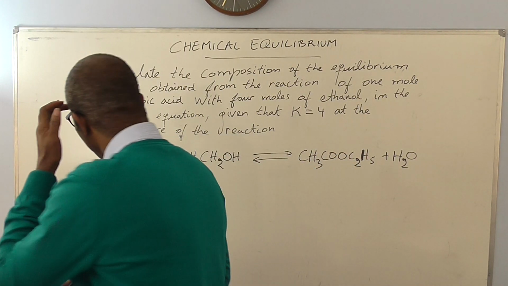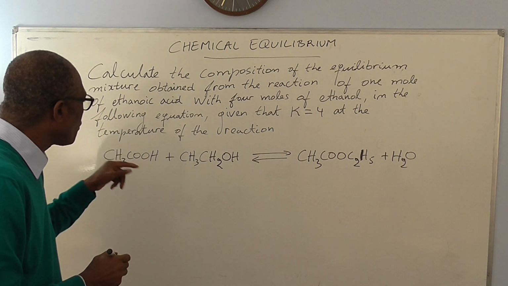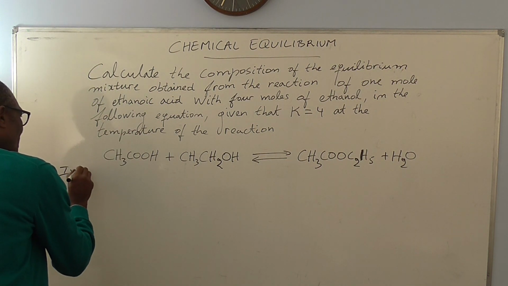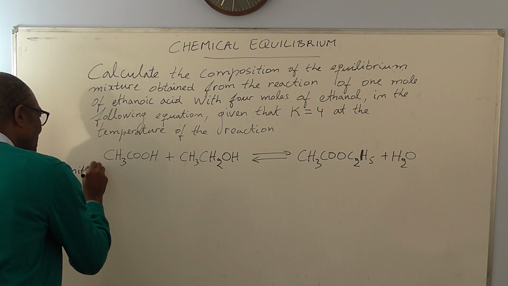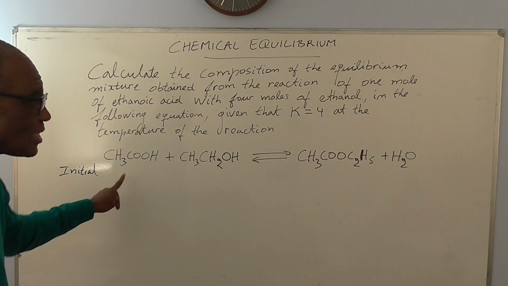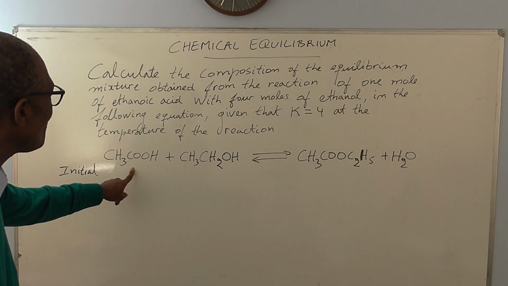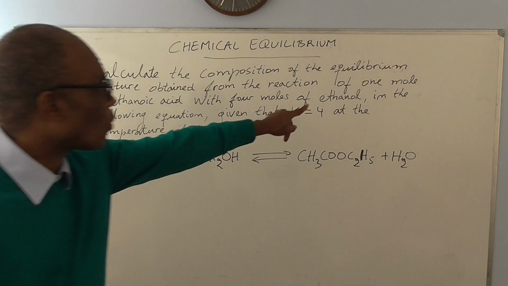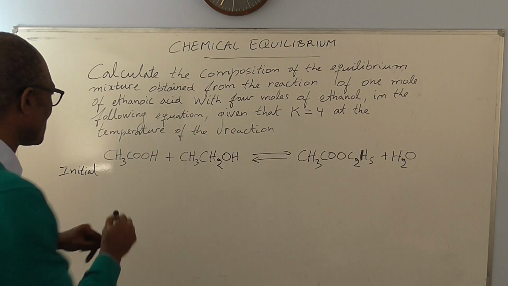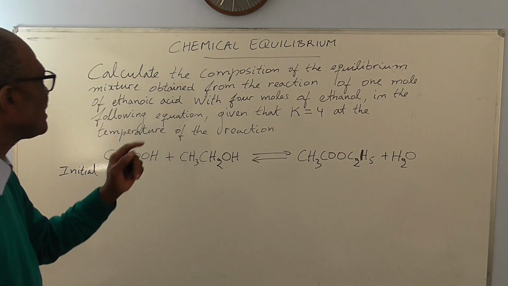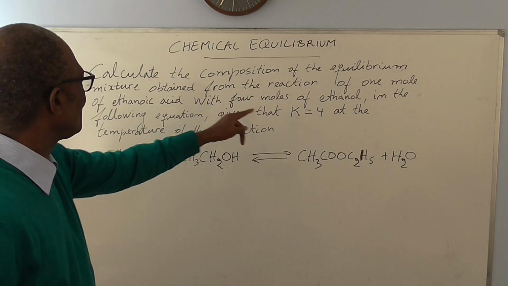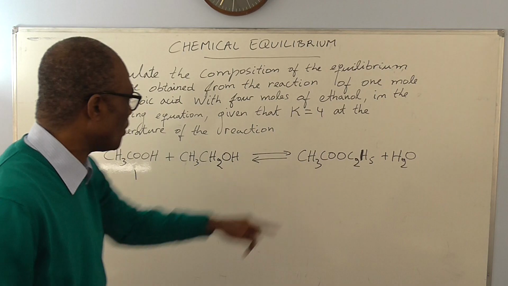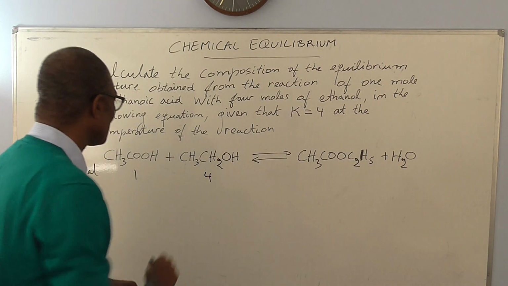Now, before starting, I write here initial stage. At the initial stage, we have 1 mole of ethanoic acid, is what they say there, I put 1, and they say 4 moles of ethanol, I put 4 there.